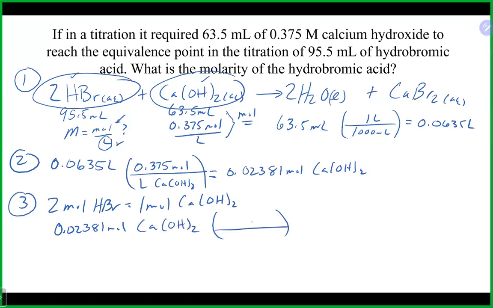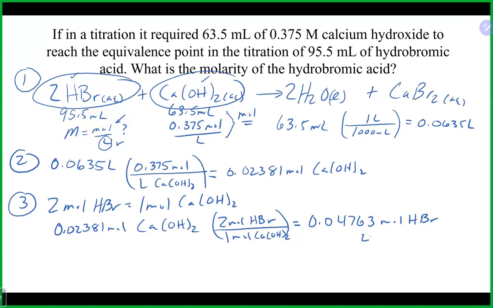We're going to do a 2 moles of HBr on top and 1 mole calcium hydroxide on the bottom. So it cancels. So we'll take that, times it by 2. 0.04763 moles of HBr.